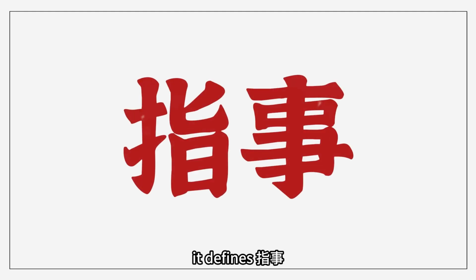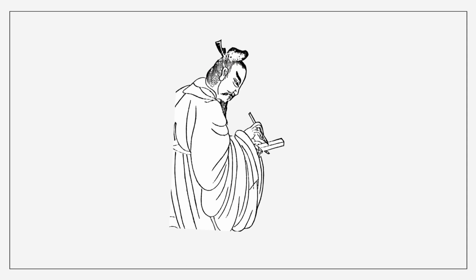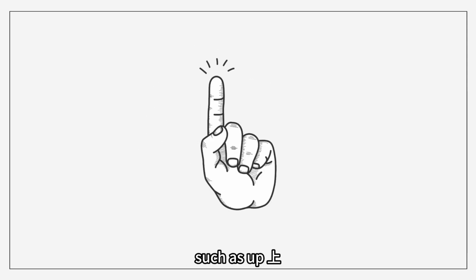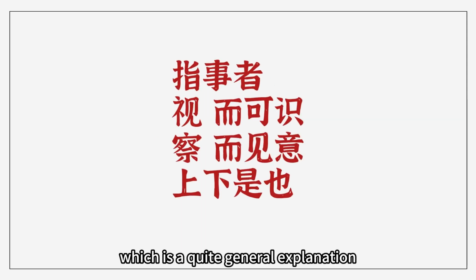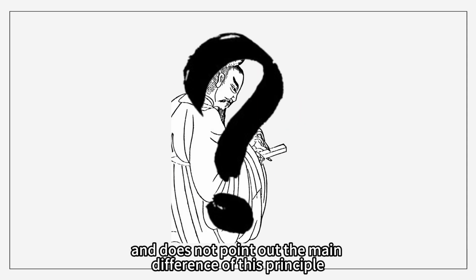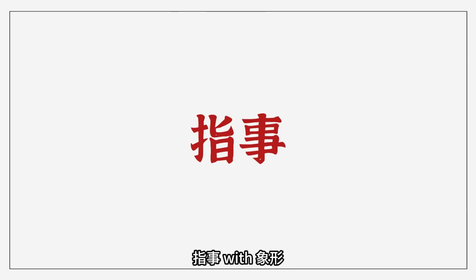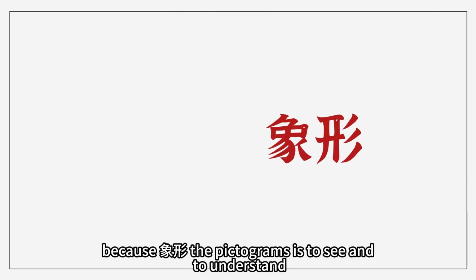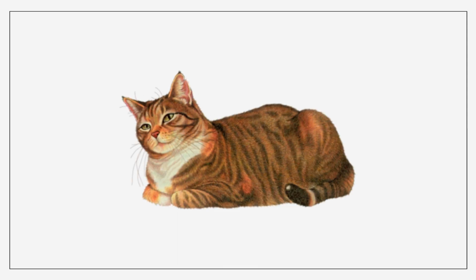It defines 指示 as to see and to recognize, to inspect and to understand, such as up, 上, and down, 下. This definition, which is a quite general explanation, may cause some confusion and does not point out the main difference of this principle 指示 with 象形, because 象形, the pictograms, is to see and to understand.